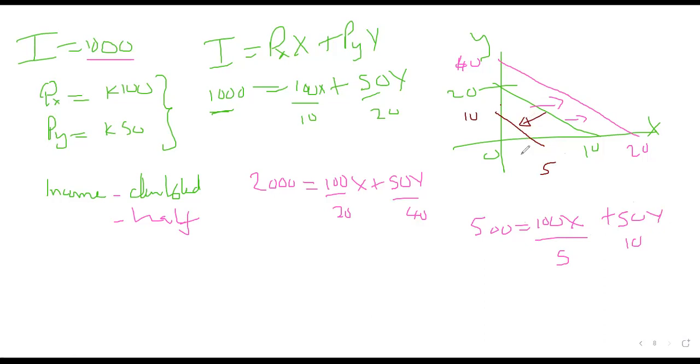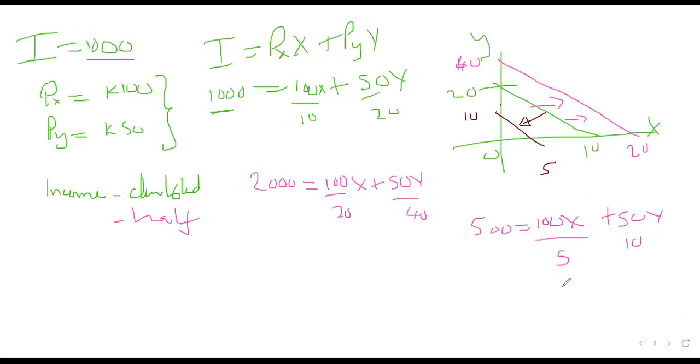So this is the consumer behavior that we want to understand. Now, suppose we maintained the same income of 1,000, and the price of good X and the price of good Y we maintained at 100 and 50.